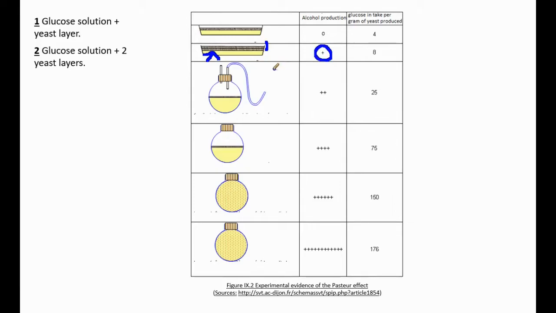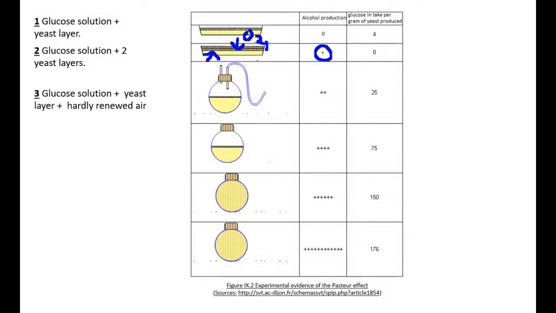We can analyze this by saying that perhaps the 2 layers, they block a little bit more the O2 molecules from going, for example, to the second layer. Therefore, perhaps the yeasts on the bottom, they will be doing fermentation a bit more, but overall it will be still mainly respiration.